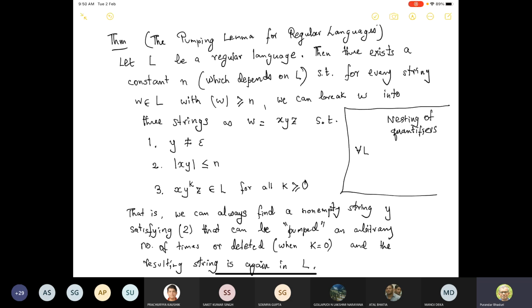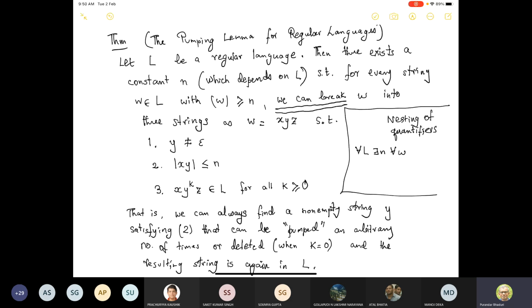Then next, there exists a constant n, which depends on L, such that for every string w, with certain constraints, right? So I'm not writing those constraints. We can break w. We can break means it is possible to break, or there exists some way of breaking.